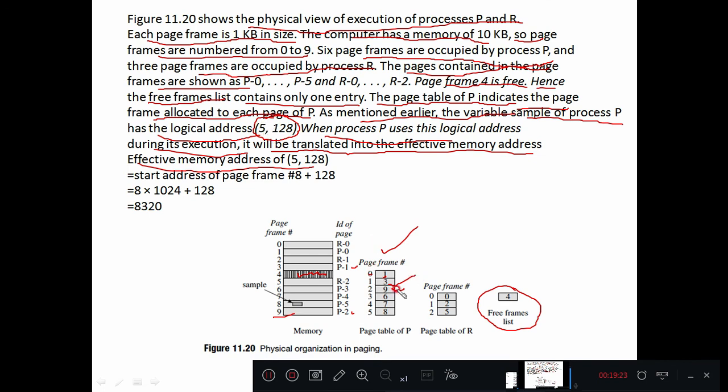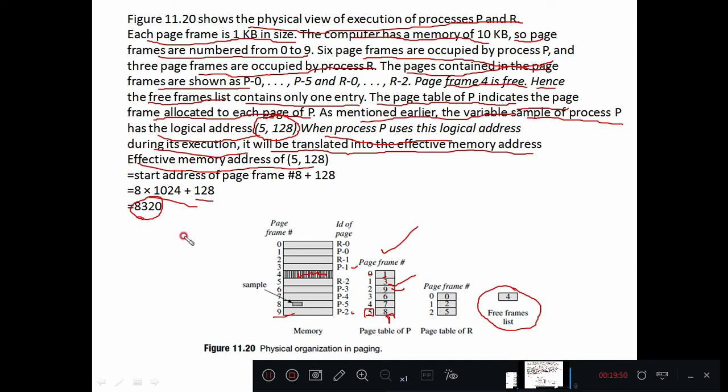It will consult the page table, and from page 5 it will obtain the page frame number, that is 8, right? And the byte number will remain the same. So 8 into 1024 plus 128, so we get the physical address as 8320, right? So this calculation is very important from the exam point of view.